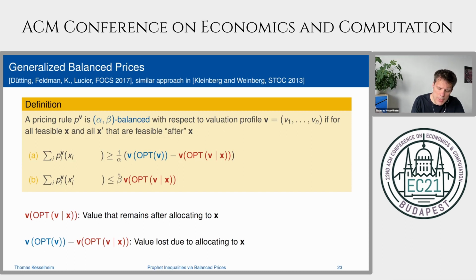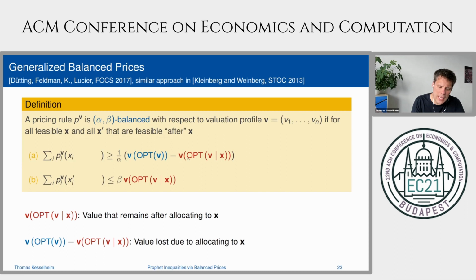And what do we mean by high enough, but not too high? High enough means that now somebody else is buying some X outcome, generally speaking, and this reduces the social welfare that can still be obtained. OPT(v) is the optimal social welfare.